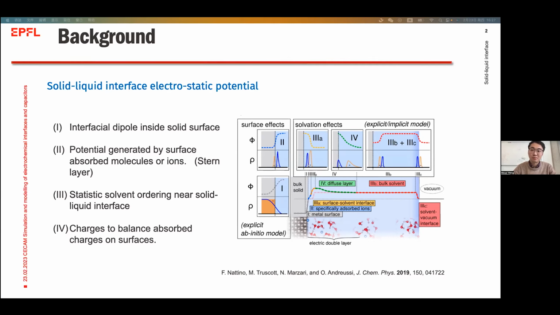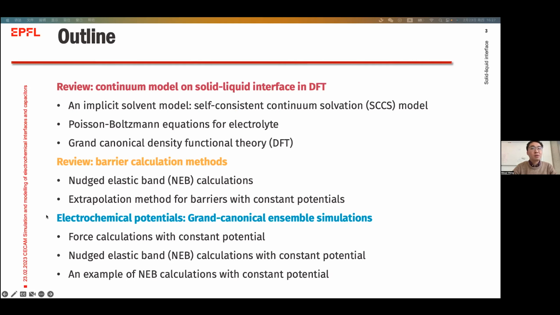So in my talk today, I want to first show some continuum models of the solid-liquid interface. The second part is about barrier calculations with the normal NEB, and also a famous exploration method for barriers with constant potentials.